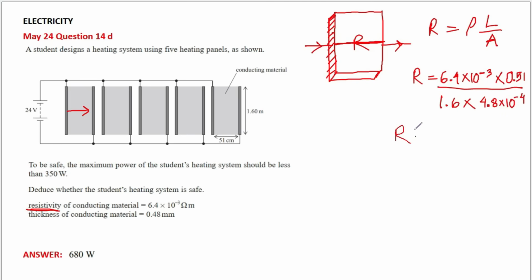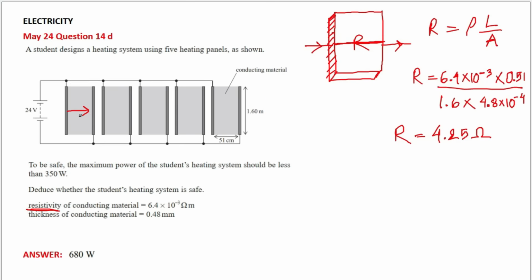And the resistance of one of these conducting materials is 4.25 ohm. Now, see, these are all connected in parallel and you have to find out the total resistance of all of these.